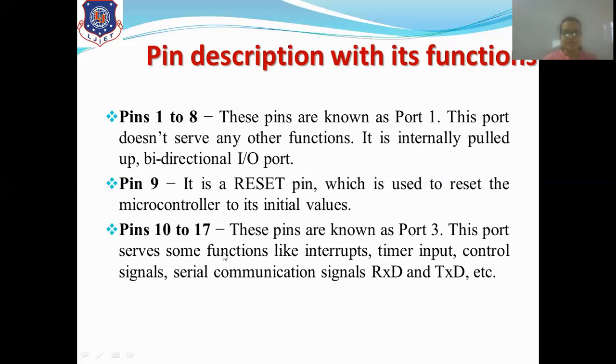Clear? So these are the various alternate functions that port 3 is used for. If any alternate function is needed for the controller to execute, then at that time port 3 will not work as IO. Clear?